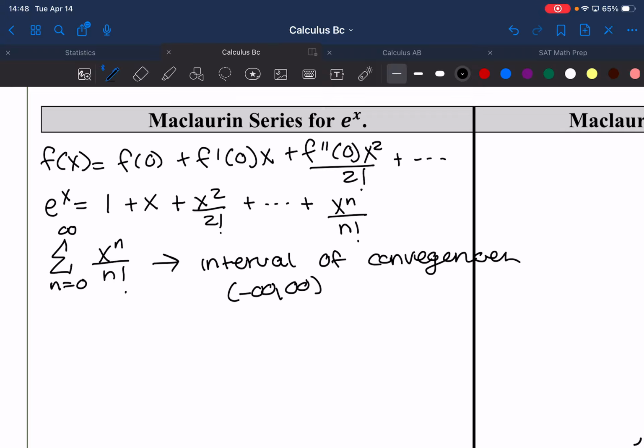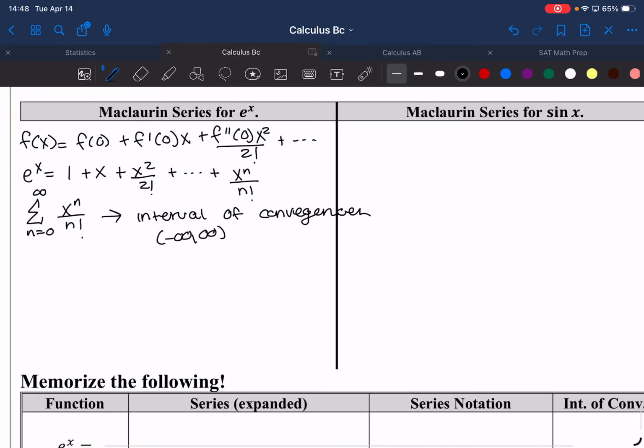Okay, then for here, again, we're plugging in 0, so I have f of 0 is equal to 0, f prime of 0 is equal to 1, f double prime of 0 equal to 0, f triple prime of 0 equals -1. So it's going to go back between 0, 1, 0, -1, and continue following that pattern.